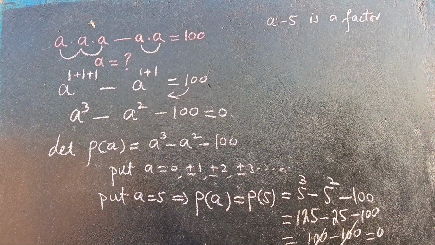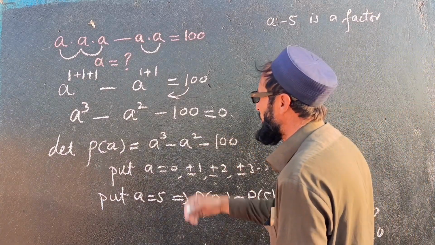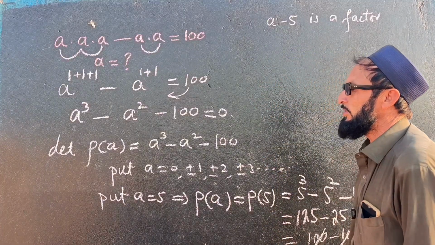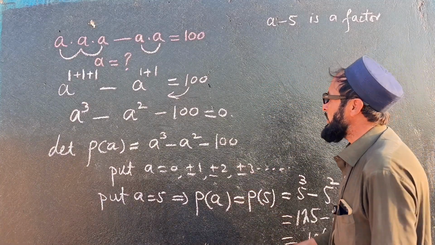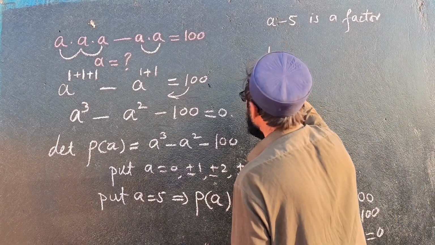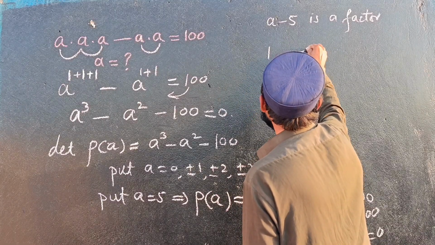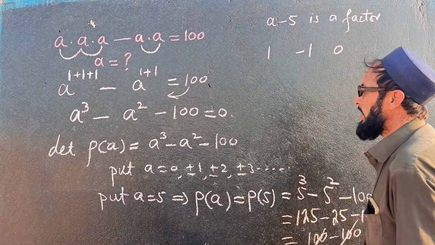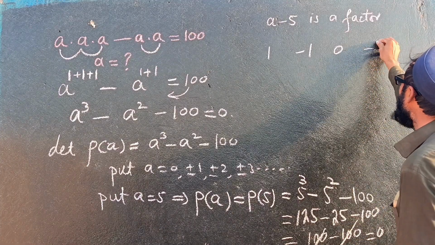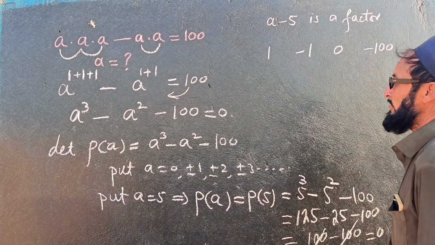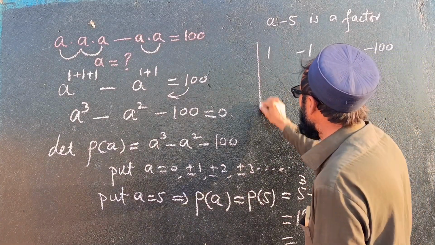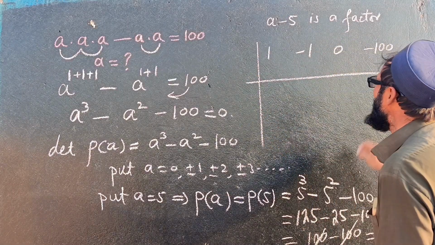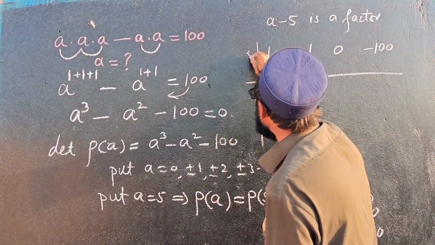So we can now reduce using the synthetic division method. We take the coefficients: the coefficient of a cube is 1, of a square is minus 1, a is absent so it is 0, and the constant value is minus 100. Now we use synthetic division, and here 5 is the factor.